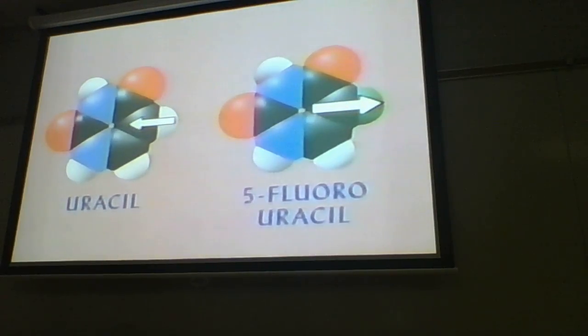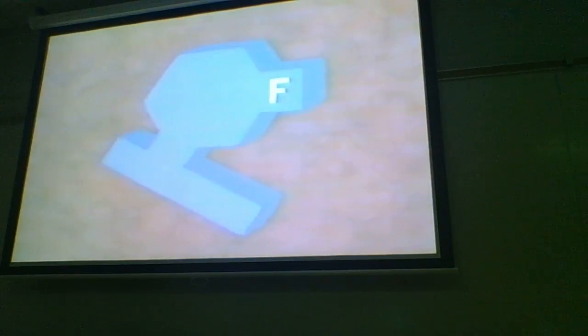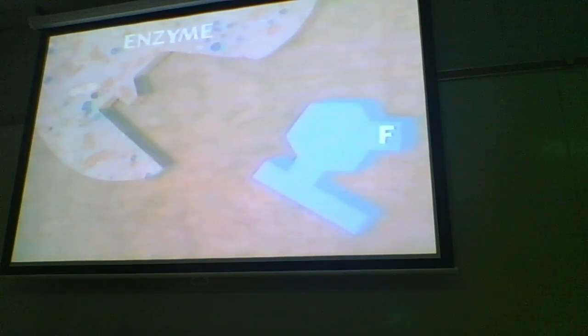And finally, the changed polarity may allow the fluorine compound to adhere more firmly to the enzyme than would a uracil compound. Thus, we predict that the 5-fluorouracil, just like the uracil, will attach itself to a sugar phosphate residue, and then fit into the same place on the enzyme the uracil would have used.